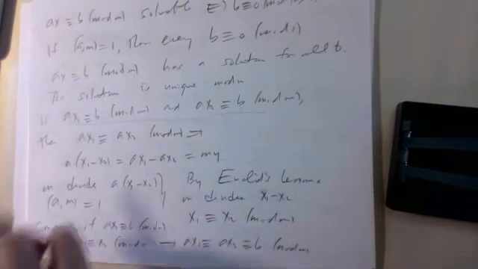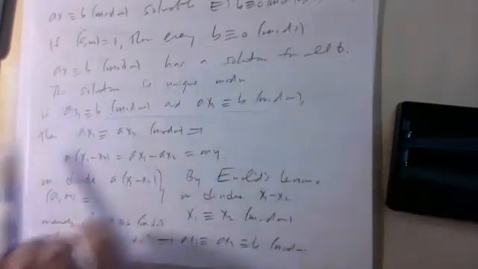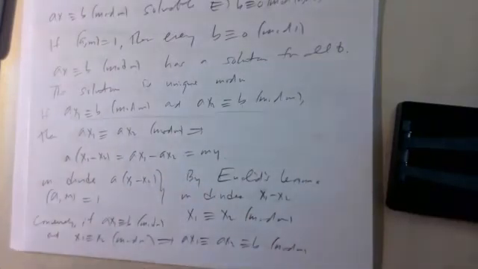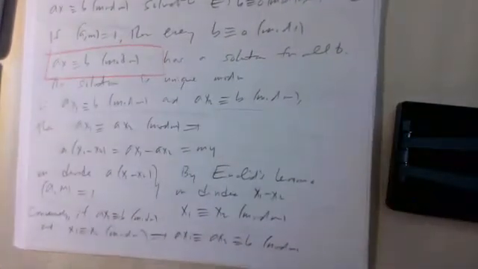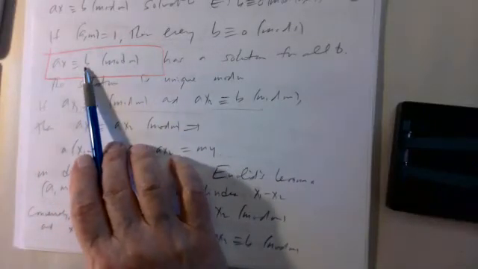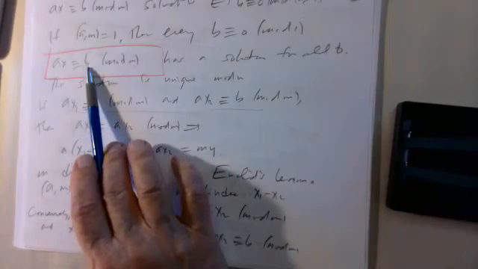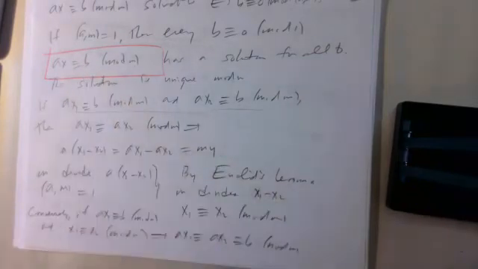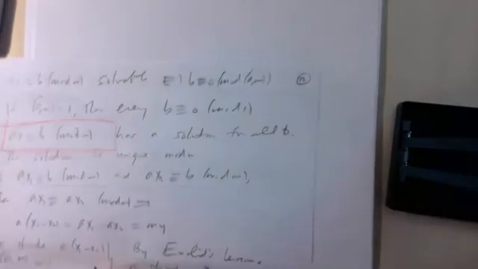So in the special case of a linear congruence, this is always my linear congruence. If A and M are relatively prime, this congruence has a solution for every B, and the solution consists of a single congruence class of integers. And there's a very special case of that.